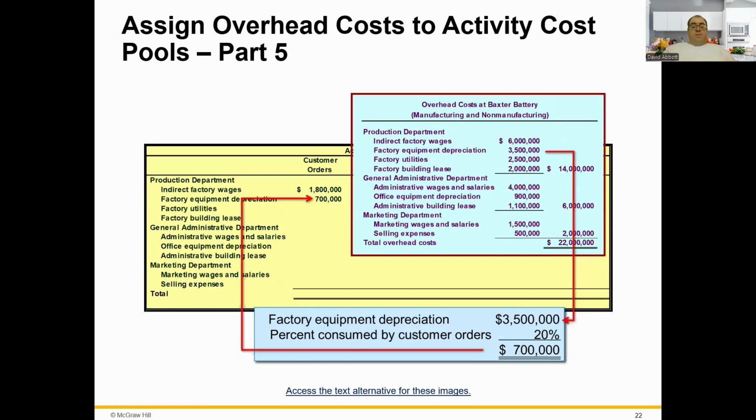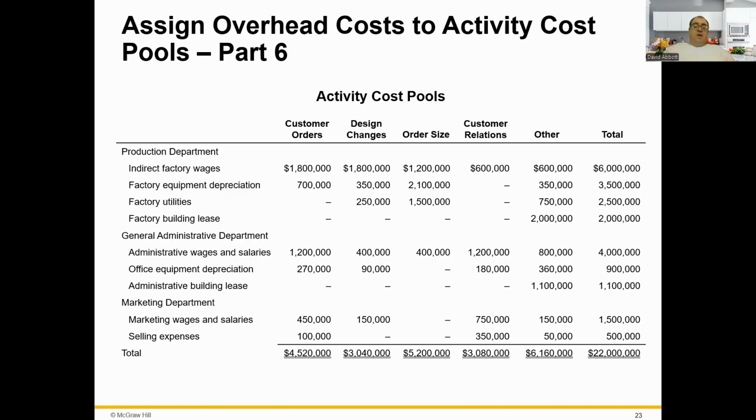For another example, the factory equipment depreciation assigned to the customer orders activity, $700,000, is computed by multiplying the total factory equipment depreciation, $3.5 million, by the percentage of time factory equipment was used to support this activity, which is 20%. The complete grid of first stage allocations would be as shown.